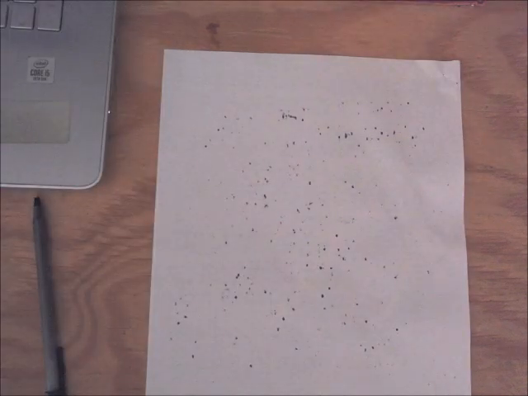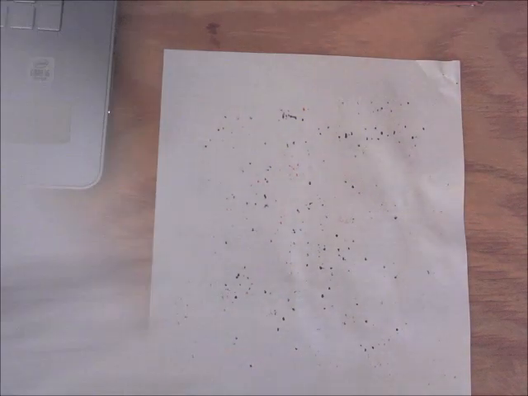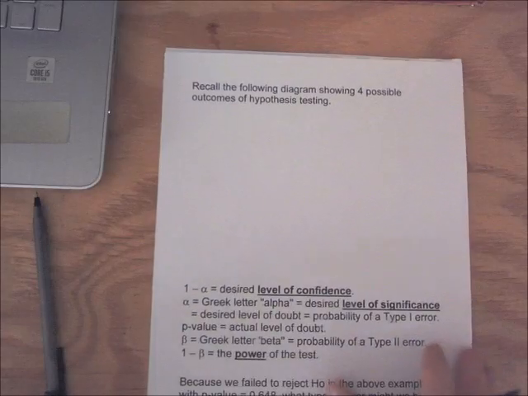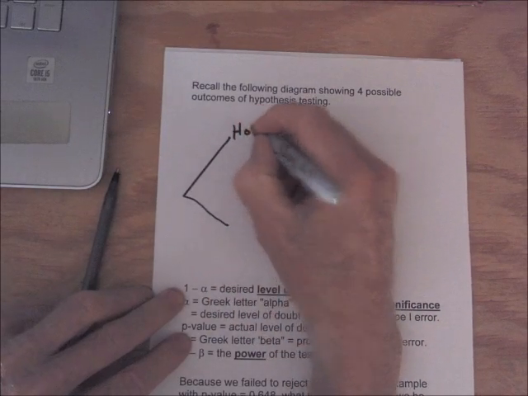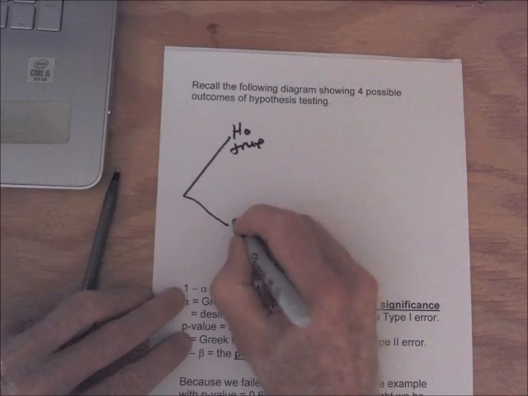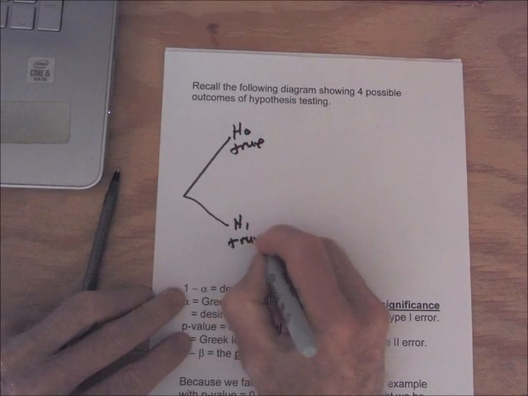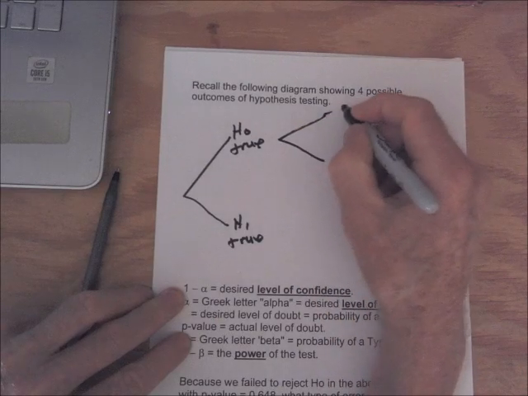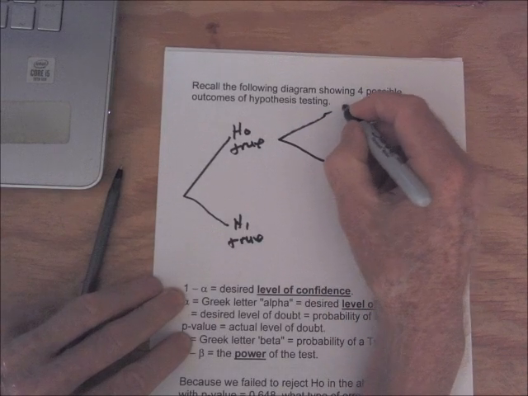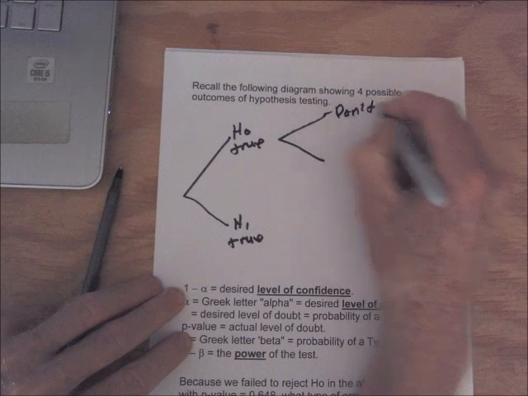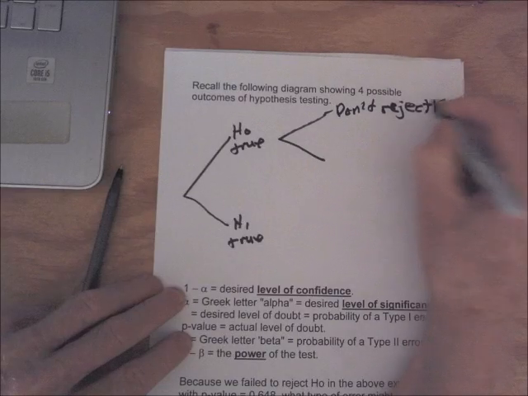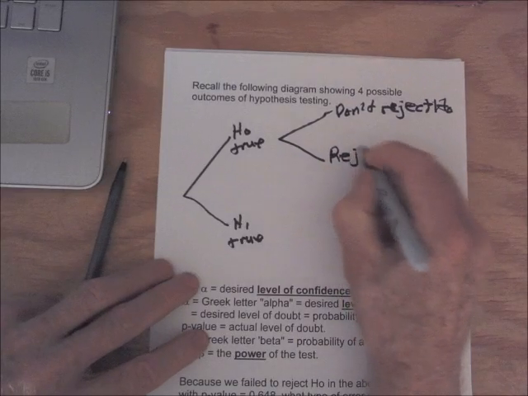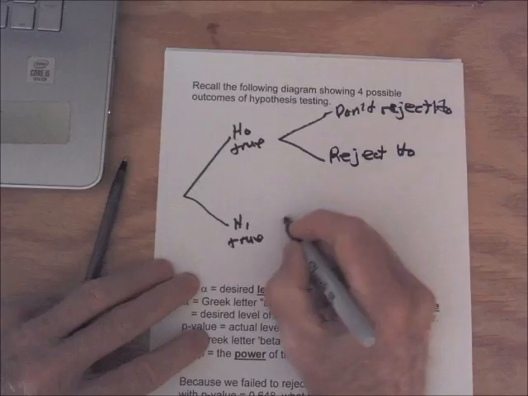Okay, so you can also make a diagram showing the possible outcomes of hypothesis testing. Either H0 is true or H1 is true, and either we don't reject H naught or we reject H naught. So there'll be 4 possible outcomes.